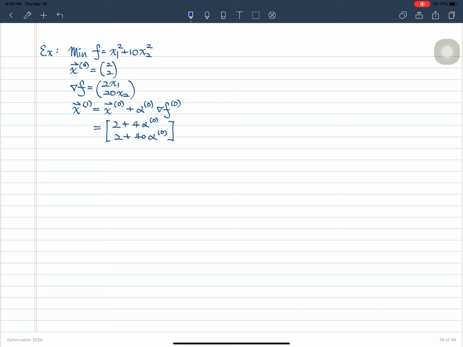So we don't know the alpha. How do we determine the alpha? We still need to do the subproblem. So the subproblem cannot be avoided. So now we need to move on to the subproblem. Here again, this is the main problem, and here is my subproblem.